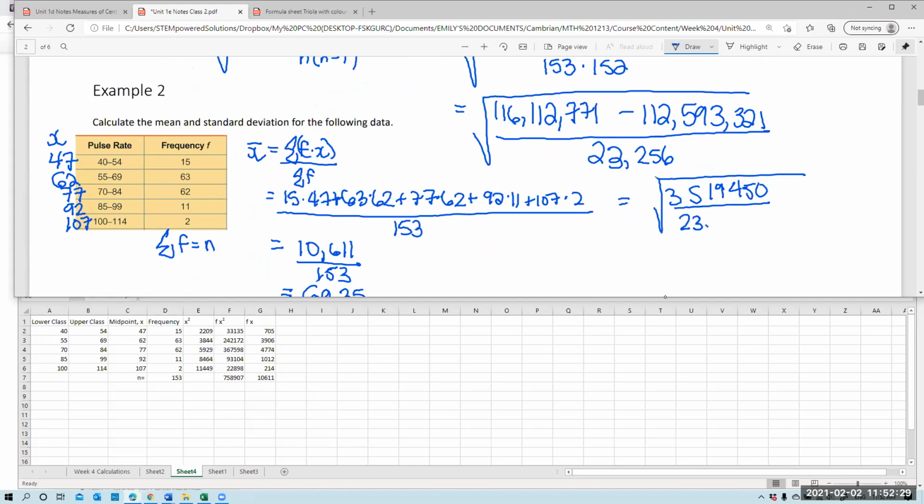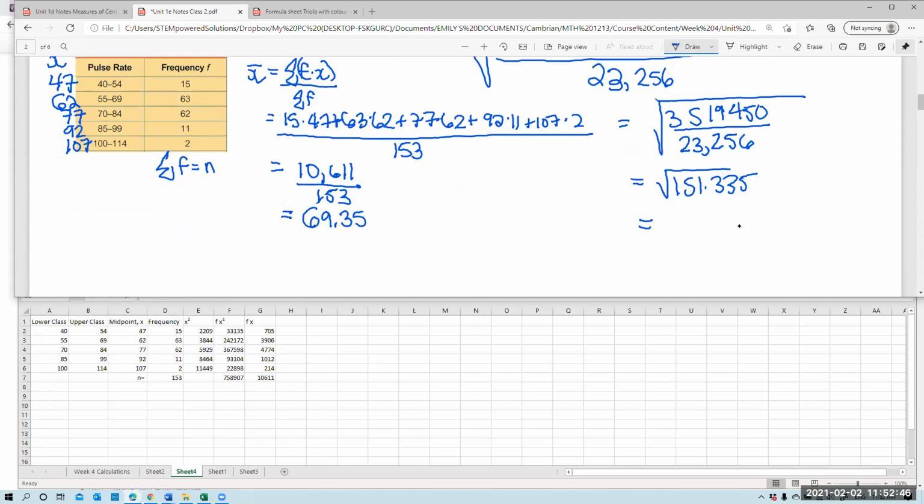Divide by 23,256 equals 151.335. The square root of this equals 12.3 as far as I can tell.